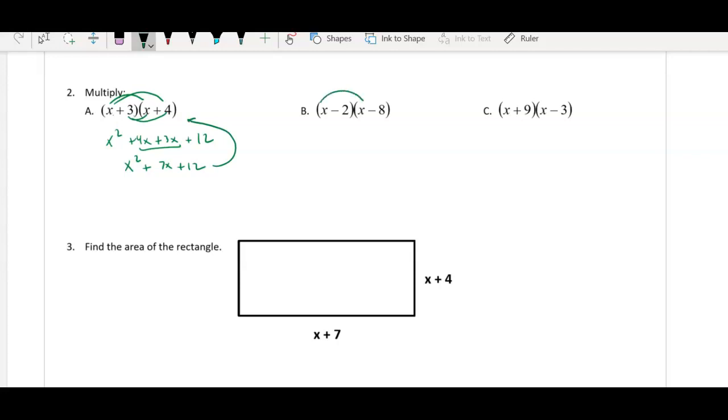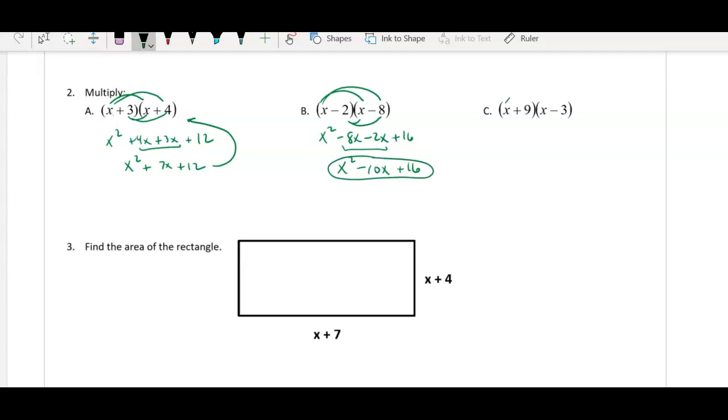So next one, x times x is x squared minus 8x minus 2x and then plus 16 because negative 2 times negative 8 is 16. When you combine the two middle terms, negative 8x minus 2x is minus 10x plus 16, and here's what we get.